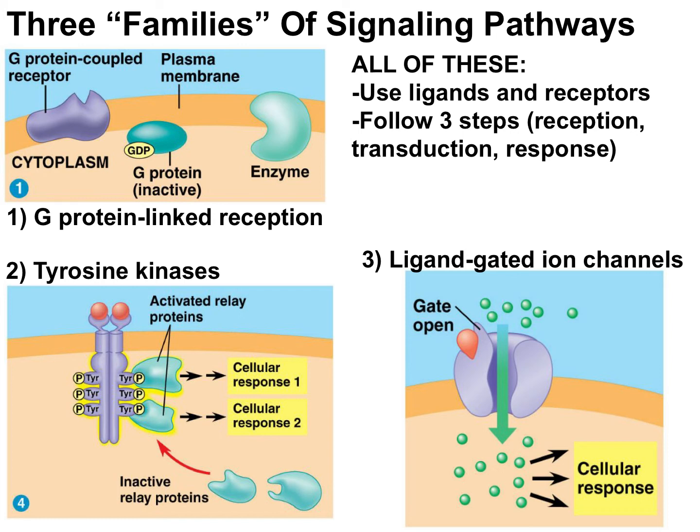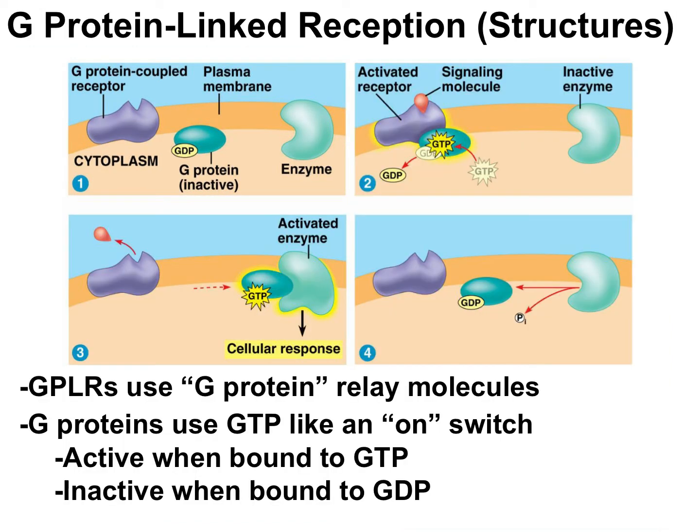G-protein linked receptor pathways. G-protein linked receptor pathways get their name because one of the relay molecules is a G-protein. Check out the G-protein in this example that's in the middle of all of the action. G-proteins are proteins that are active when bound to GTP and inactive when bound to GDP. That GDP-GTP molecular switch is how G-proteins got their name.